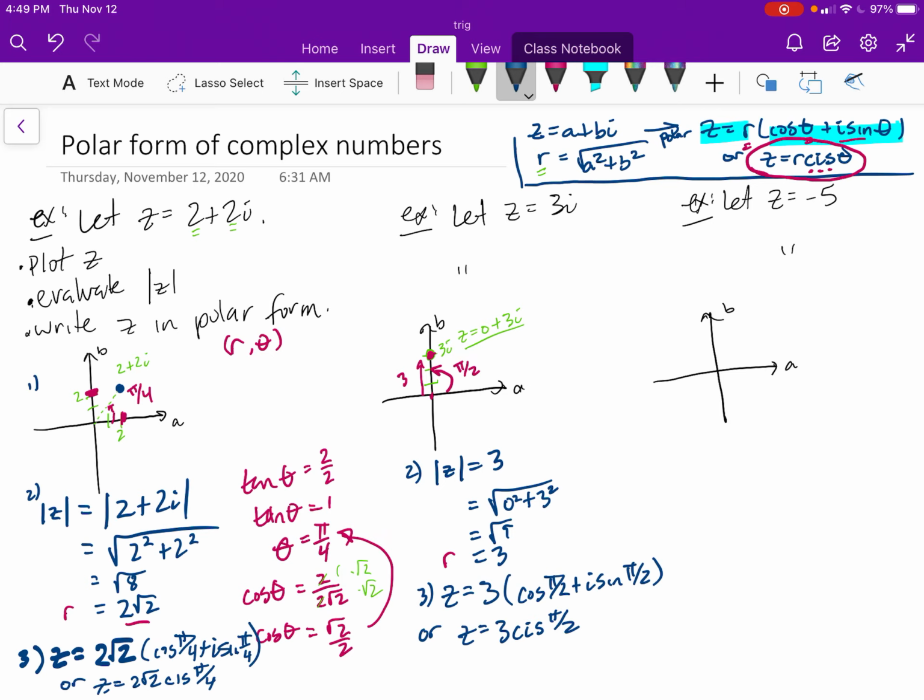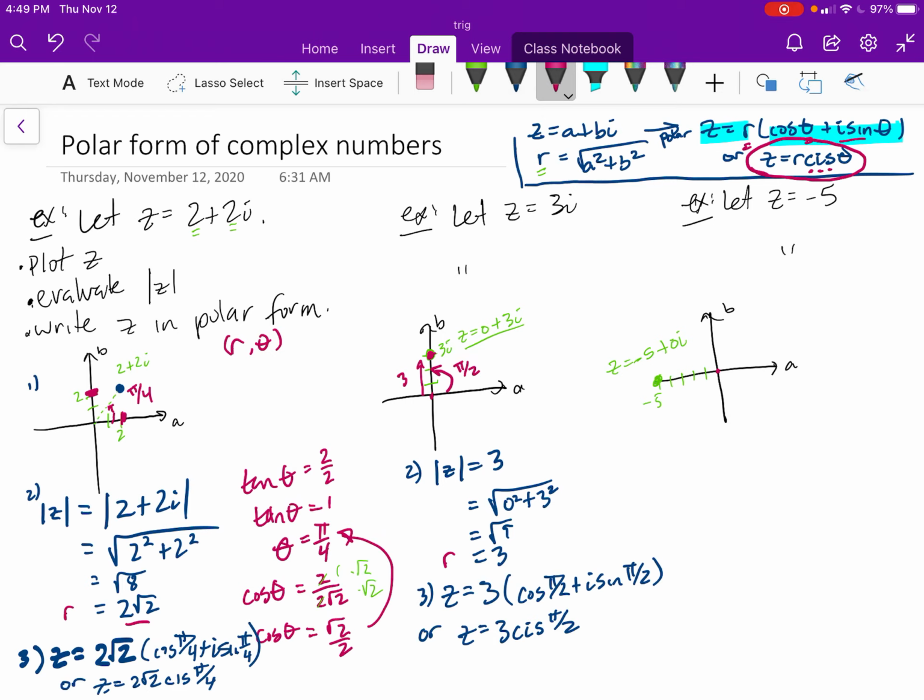All right, one more. z equals -5. Now I don't have an imaginary part, right? I just go back 5. There we are. Again, we could write it -5 plus, oops, jumping ahead of myself, plus 0i. Okay, what is the absolute value? Again, we could count from here to here, right?